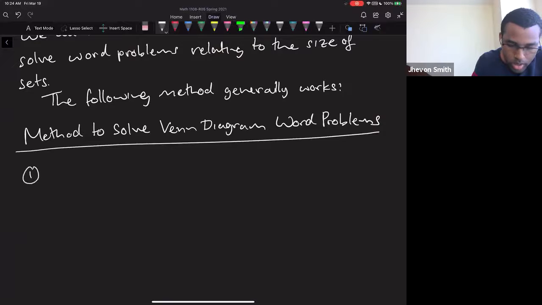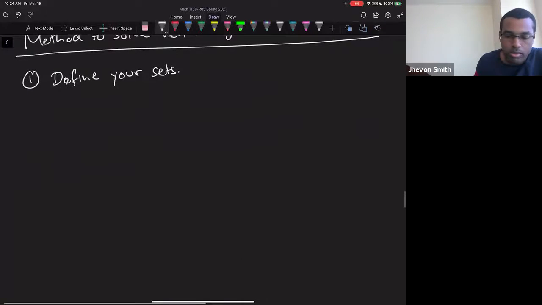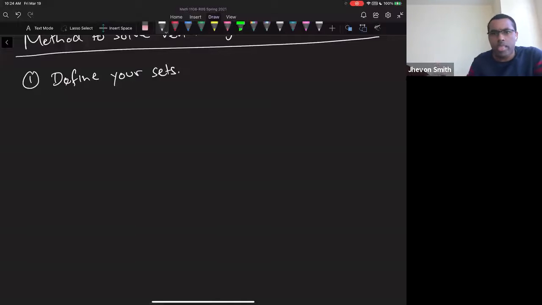One, you would define your sets. That means give them a name, right? So let A be the set of this, B be the set of that, based on what the word problem is talking about. Two, we're going to draw a Venn diagram.